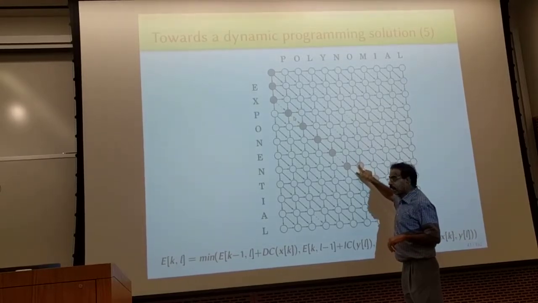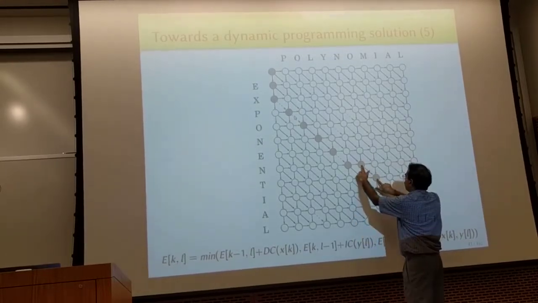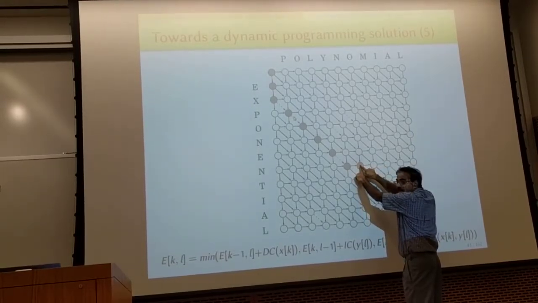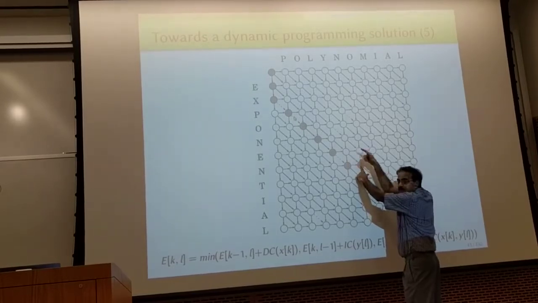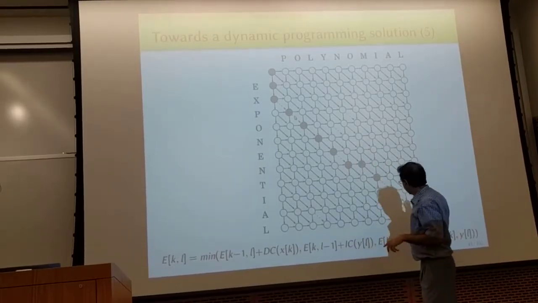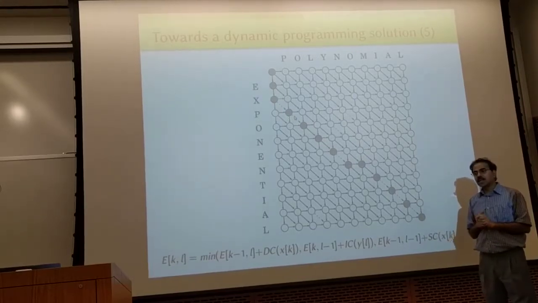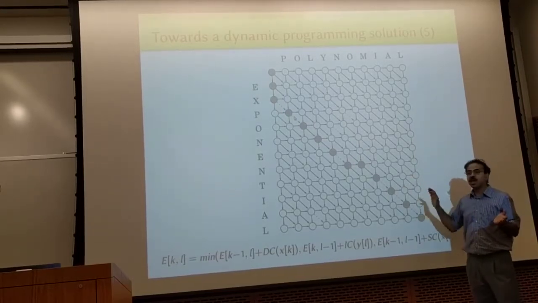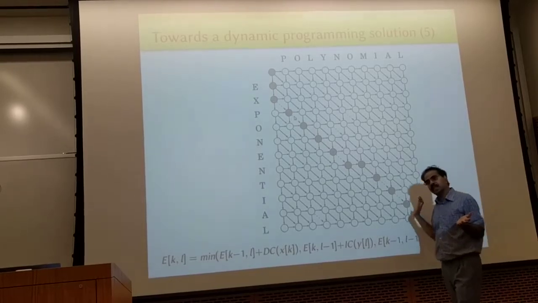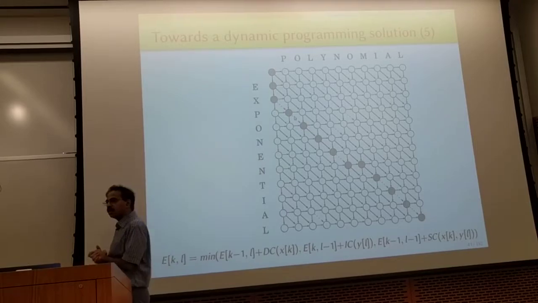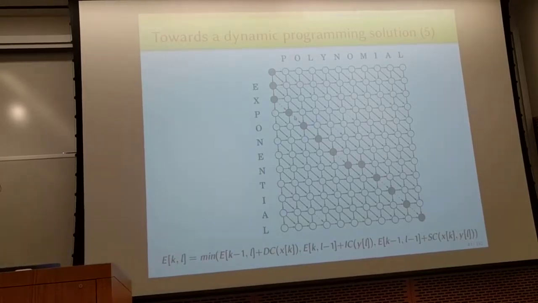You have some value here, and when you're here, you're going to pick the min of these three, and all that matters is the value sitting here. Where this value came from is not relevant. It's only relevant at the end when you want to figure out the edit sequence. You need to know how you came there, but if there are multiple ways to come there, that's okay, right? All of them will correspond to an edit sequence.